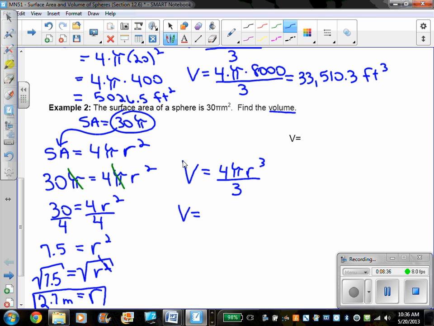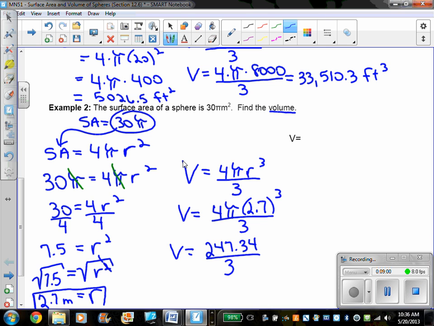Now that we know the radius, all we're doing is kind of plugging and chugging here, just making sure we're using our calculator right. So if I take this whole top part, 2.7 cubed times pi times 4, you do that to make sure that you're getting what I'm getting. Because again, the biggest issue with this unit is knowing how to use the calculator.